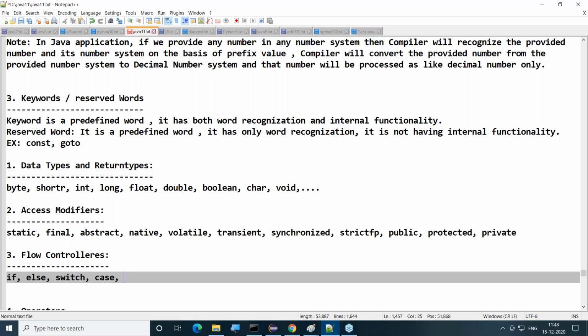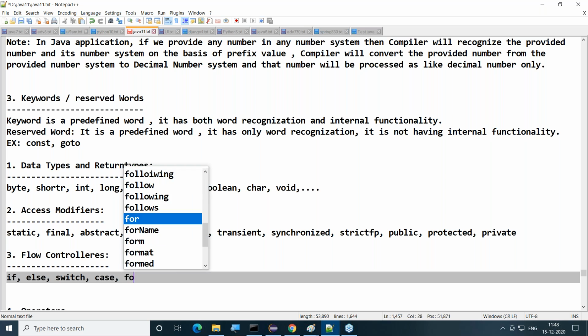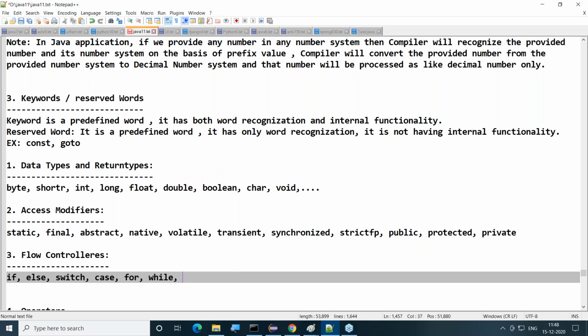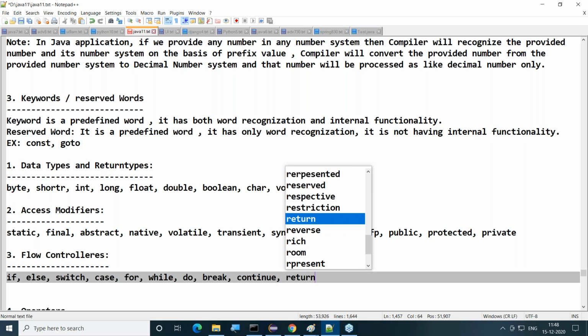Right, sir. Then what next one? If, else, switch case. The next one, after completion of this: for, while, do, break, continue, return.